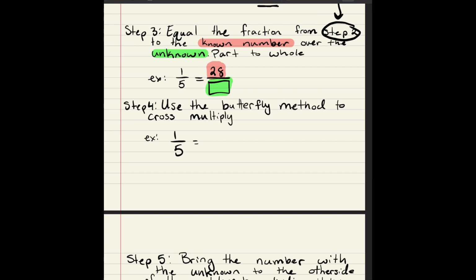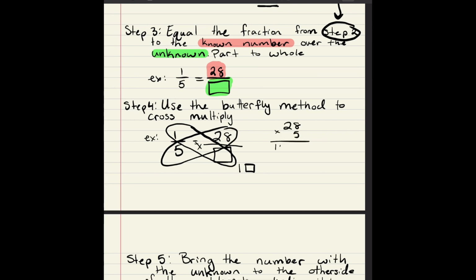So I'm going to rewrite what I have, and I'm going to circle this and circle this. So 1 times the unknown would give us 1 unknown, and 28 times 5 gives us 140, as we know.